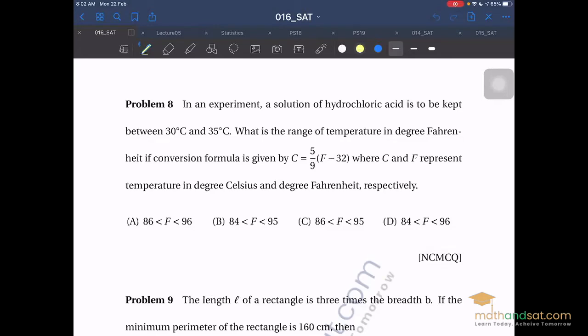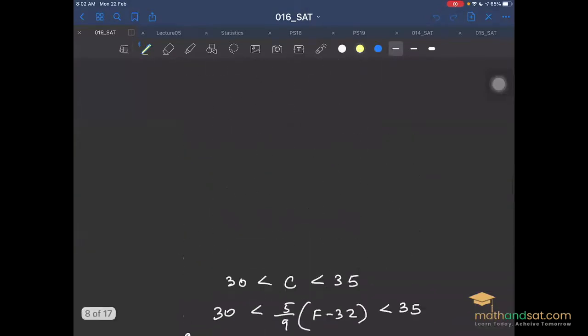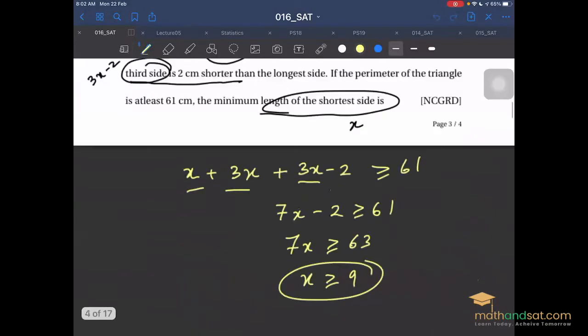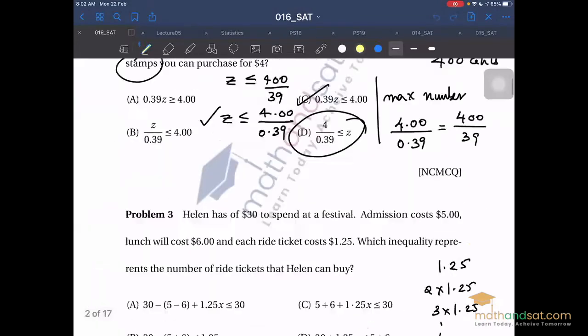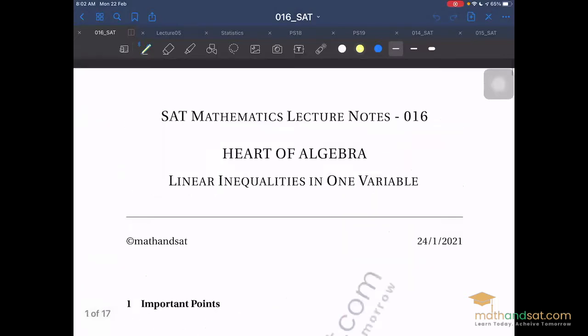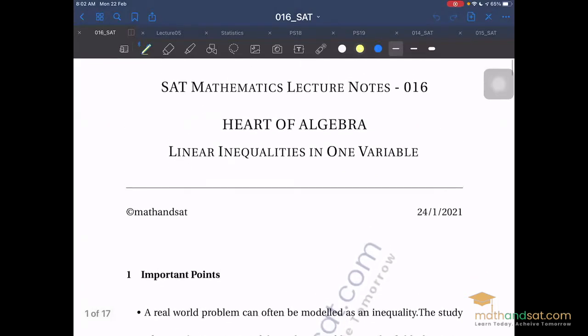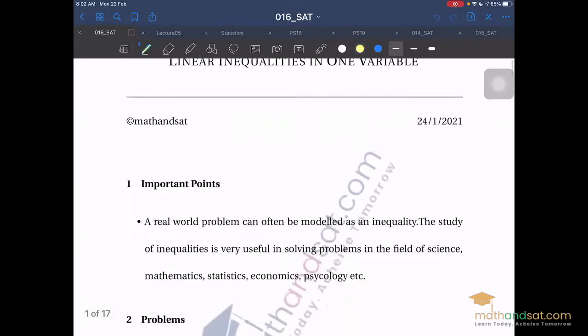But I guess we have some problems remaining from the previous sheets. So let's quickly finish that off. I request you to take problem sheet number 16. Please take problem sheet number 16.